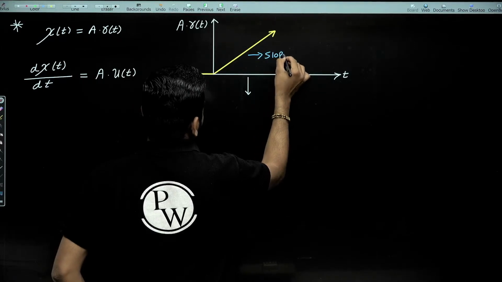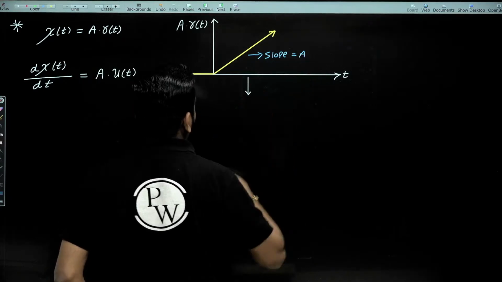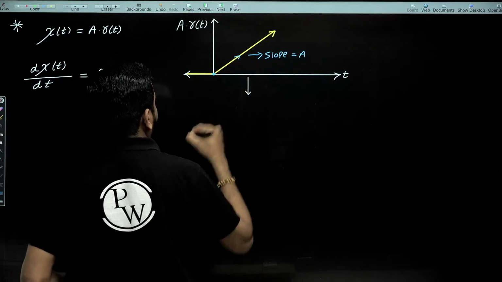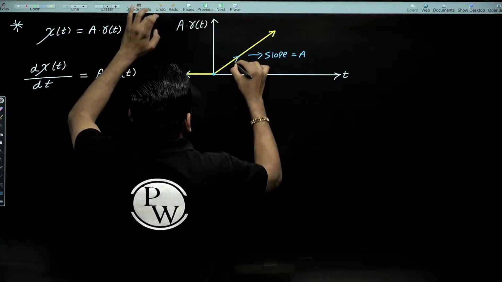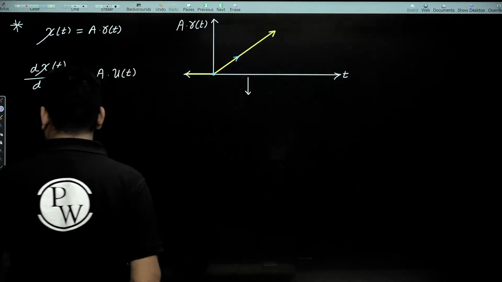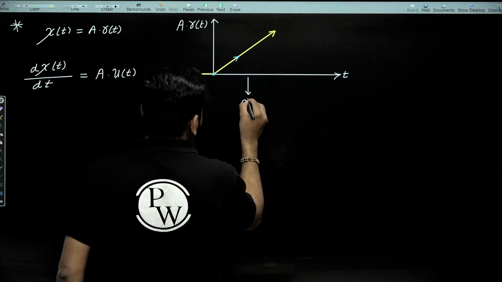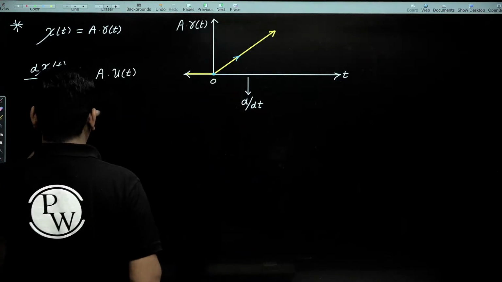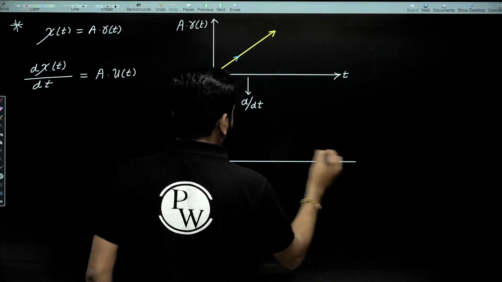Slope is left to right increasing. First order differentiation will be the step function, a into u of t, guys. It is the unit step function.